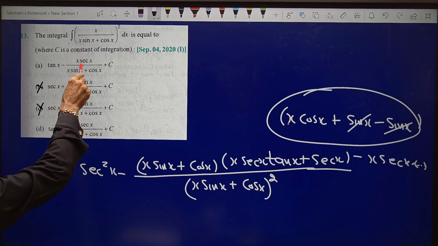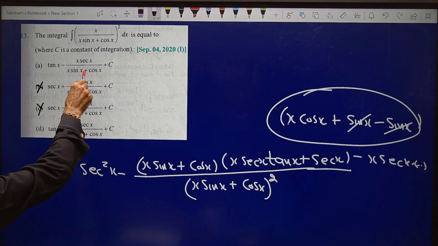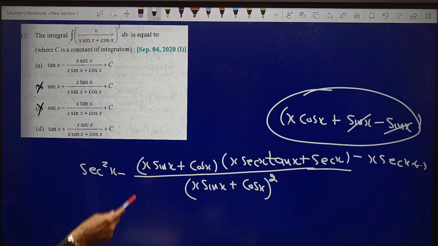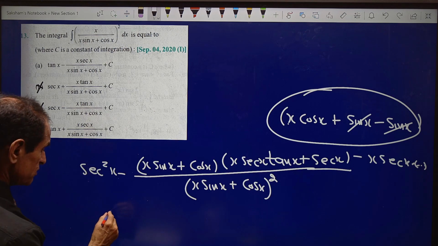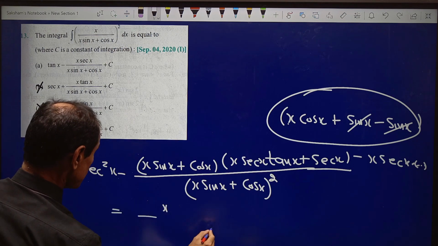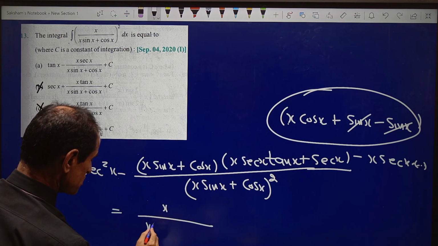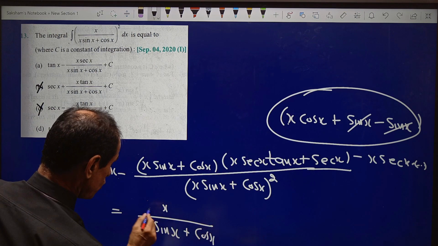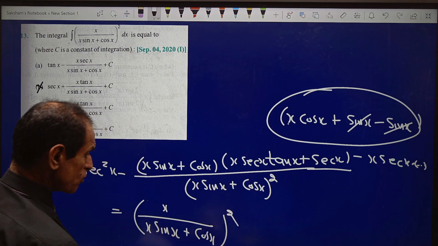If the integral of this is this, then the derivative of this must be the integrand, that is, this must be equal to x upon x sin x plus cos x whole square.